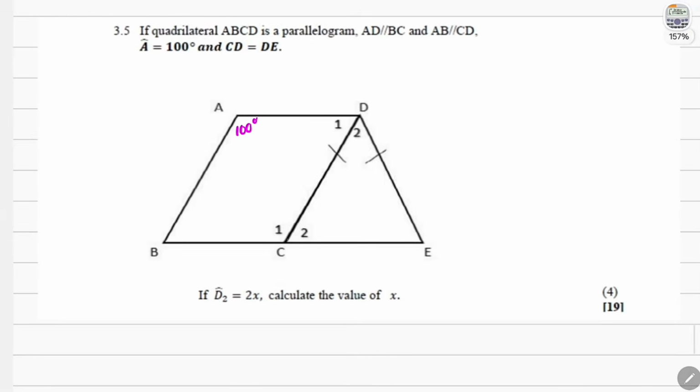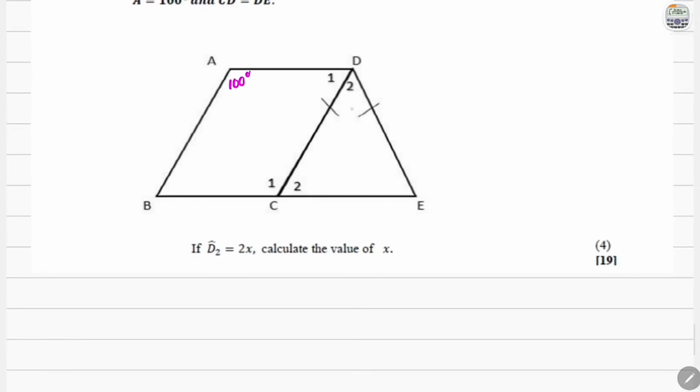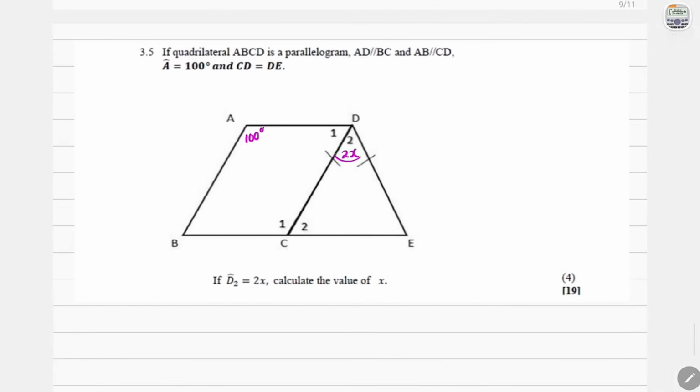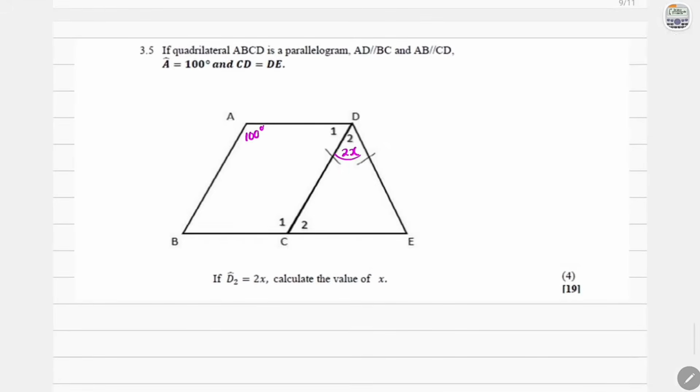There are 2 angles that would be equal. If angle D2 is equal to 2x, then calculate the value of x. So the whole point is to just find x. So you need to find a way to create an equation using the properties of a parallelogram or even this triangle that we have here. And that equation should help you solve for x.